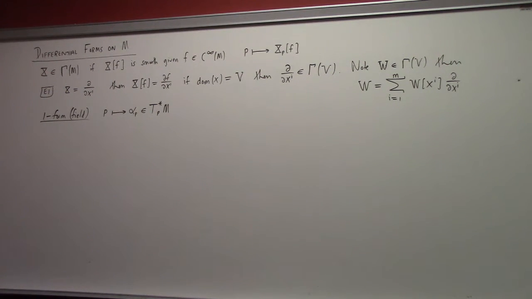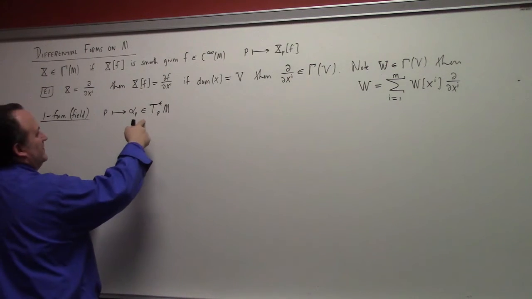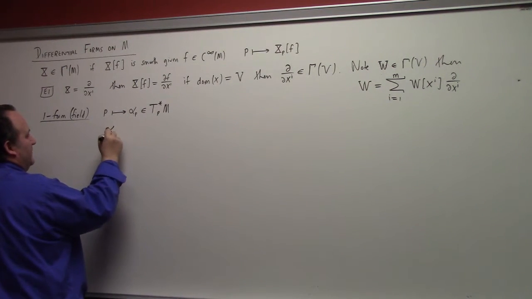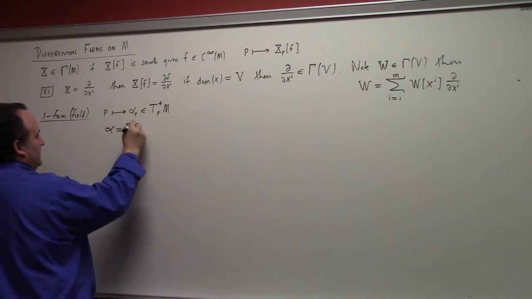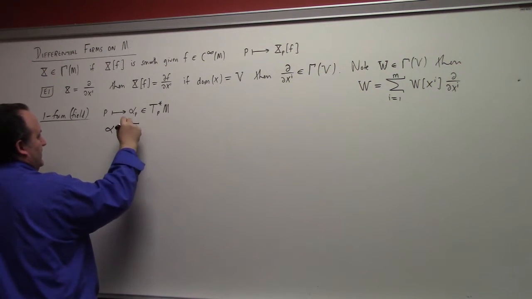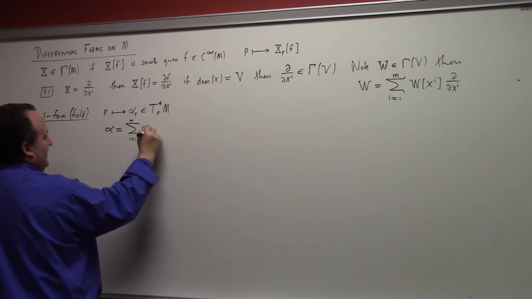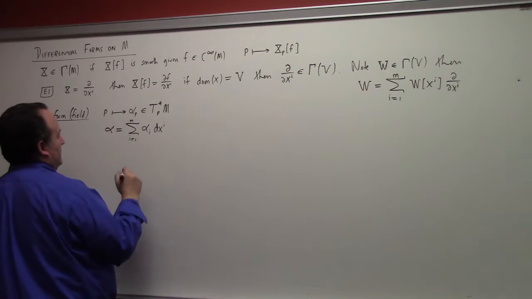Well, actually, I don't really want to talk about that so much. That's more the problem for next semester in the manifold theory course. There's where we'll care a little bit more about smoothness, okay? Here I'm going to be a little more nonchalant. But anyway, basically we can write a one-form as alpha equal to a sum over i equals 1 to m of alpha_i dx_i.